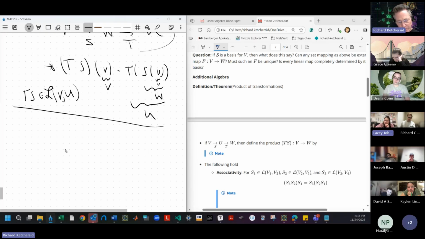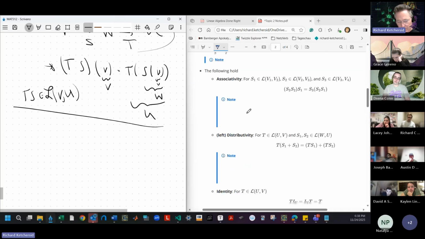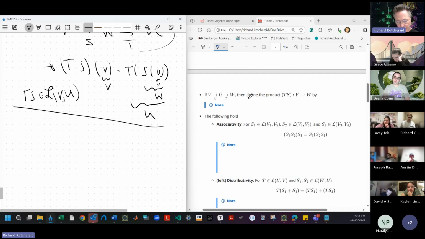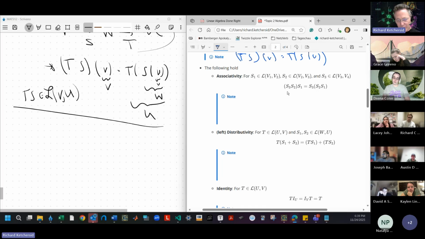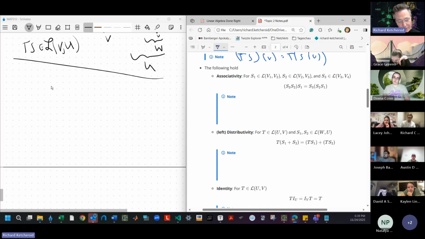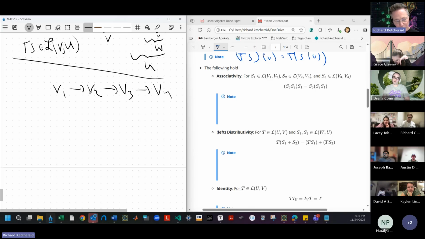And you've got some things that hold here. You've got associativity. It'd be good for you to go through and fill all these things out. It's just T of S of V, things like that. Here you need actually 4 different things, because we have V1 going to V2, going to V3, going to V4. It's useful to draw these little pictures.